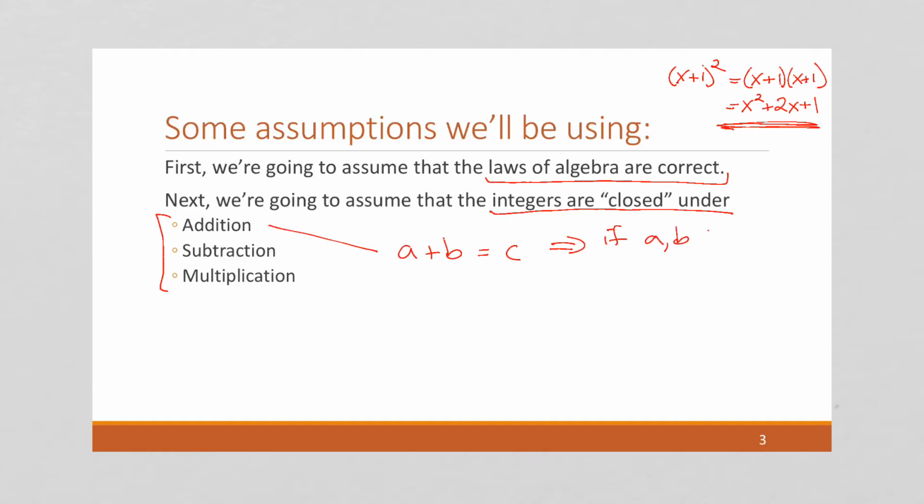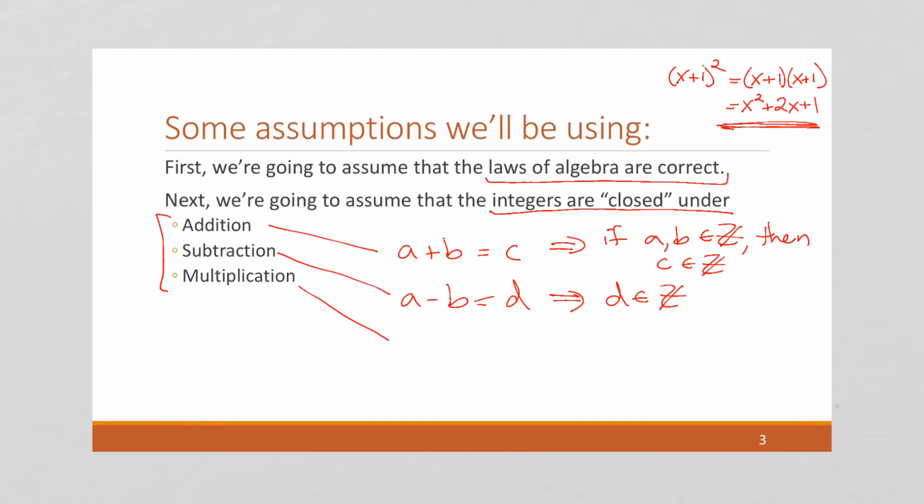So if A and B are integers, then C is an integer. Right? So adding any two integers always gives us an integer. Similarly, subtracting any two integers will always give us an integer. Right? So here, D is an integer. And finally, multiplication. If I multiply two integers, I'm also going to always get an integer.